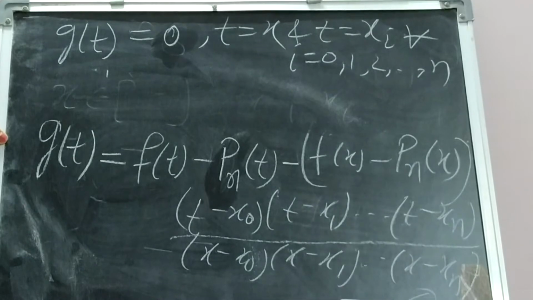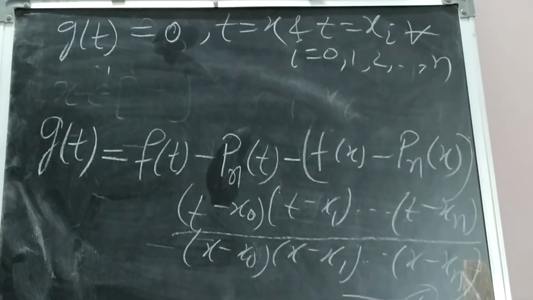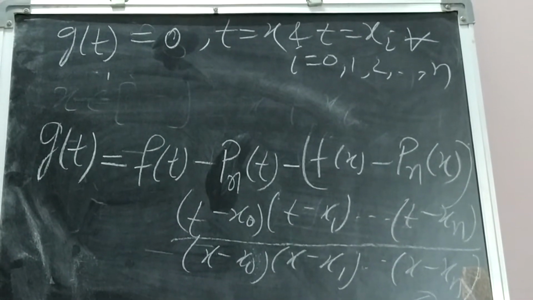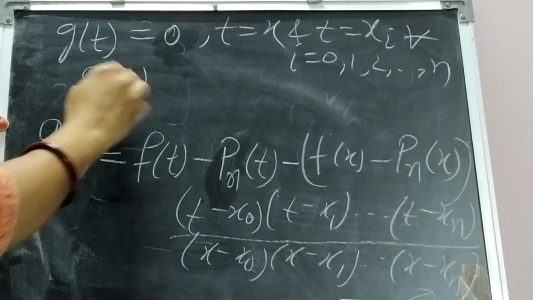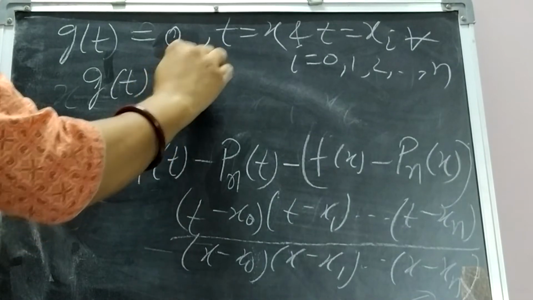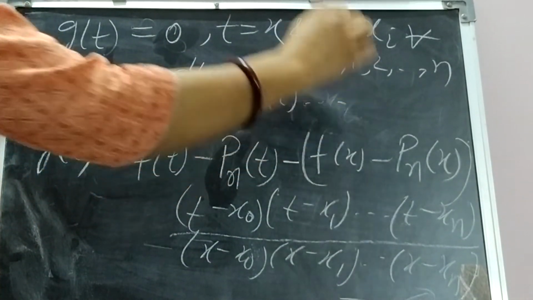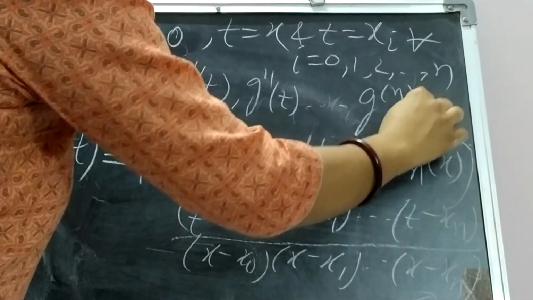So again what we are going to do, as done there, we apply the Rolle's theorem repeatedly. There we have applied twice. So here we will apply the Rolle's theorem repeatedly for g(t), g'(t), g''(t), and continuing on similar line, g's nth derivative.